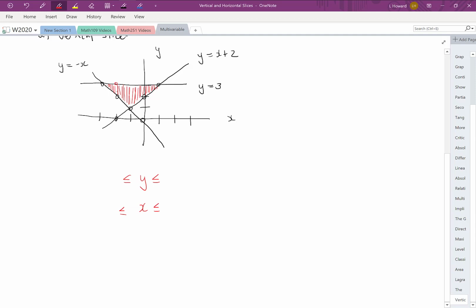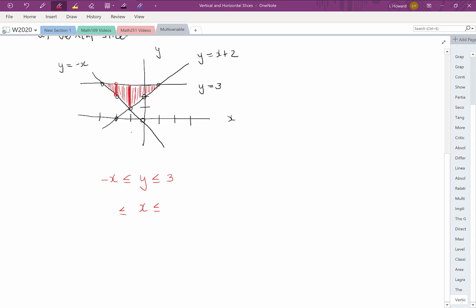So one of these vertical slices has the line y equal 3 forming the top boundary, and it has the line y equal negative x forming the bottom boundary. So we could say that y goes from negative x at the bottom to y equal 3 at the top. But that would only be true until we got to about here.